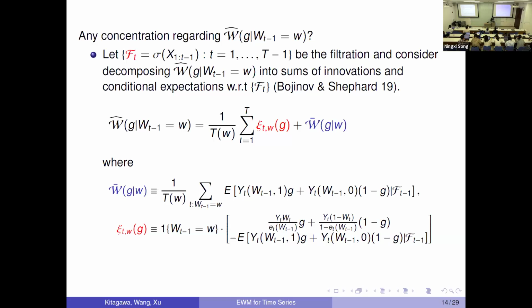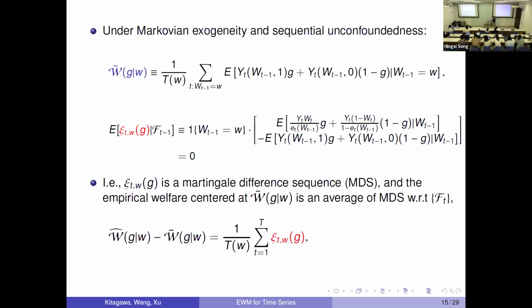With this property at hand, the formula in the middle of this display, we can show that psi is a martingale difference sequence. This is the key to achieving our convergence rate in the context of time series data. Because we don't have IID data, we have to rely on other convergence results in the time series context.